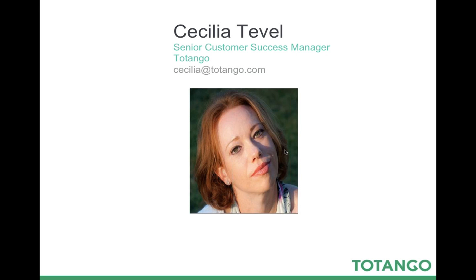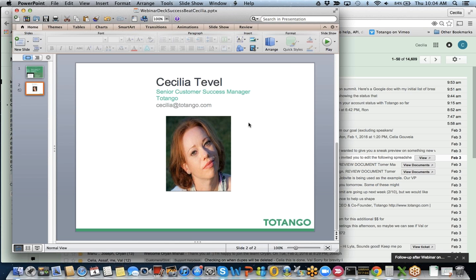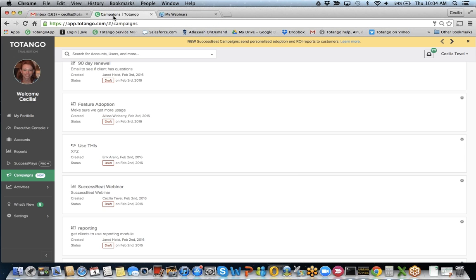So today we're mostly going to be focusing on and demoing the new capability directly in the system. I'm going to jump out of the screen and go directly into our demo environment so that I can walk you through this new campaigns capability called SuccessBeat.